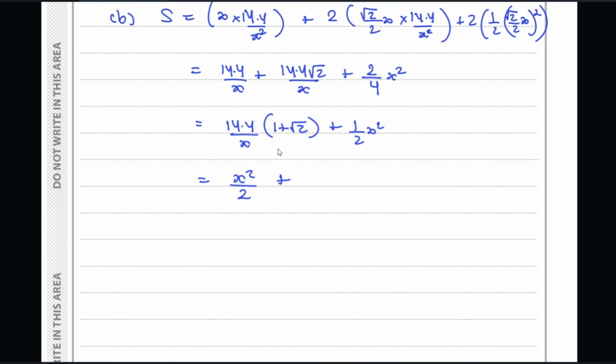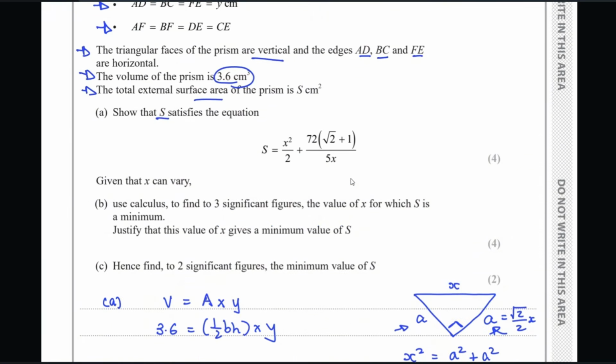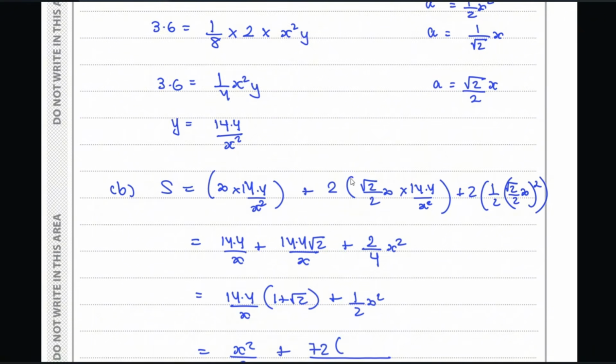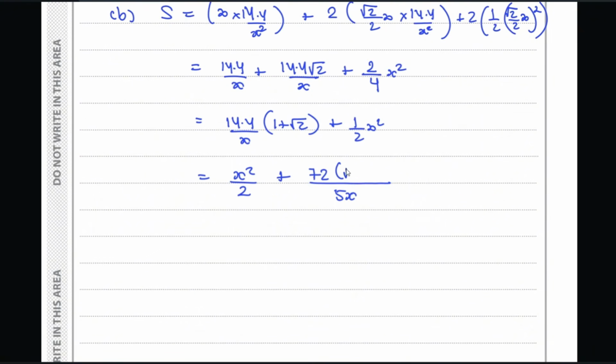So 14.4 can be written as 72 over 5. So that becomes 72 over 5, and we have x in the denominator. So 72 times, they want root 2 plus 1. So yes, we have 1 plus root 2, which is the same as root 2 plus 1, divided by 5x. And that's the expression of the surface area of the 3D shape.